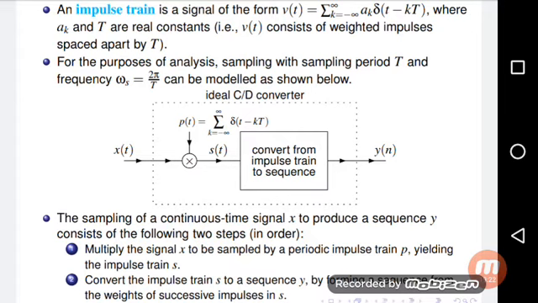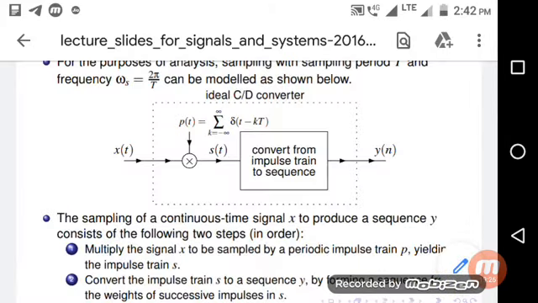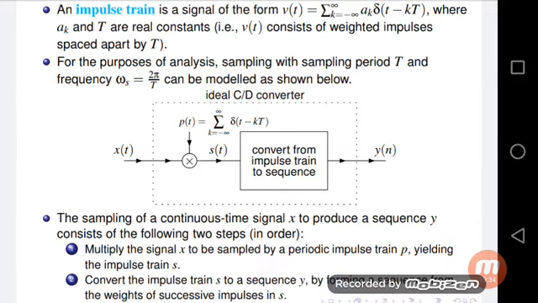Then convert the impulse train s to the sequence y by forming a sequence of the weights of the successive impulses. These are the two conditions, which convert the signals from one form to another form.